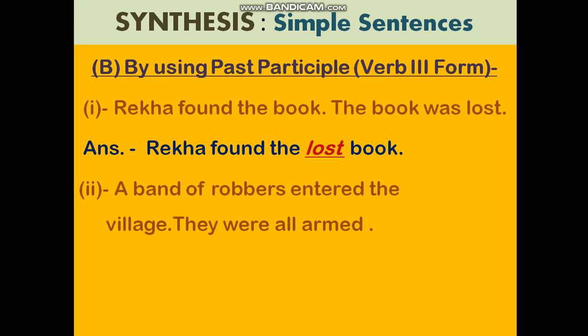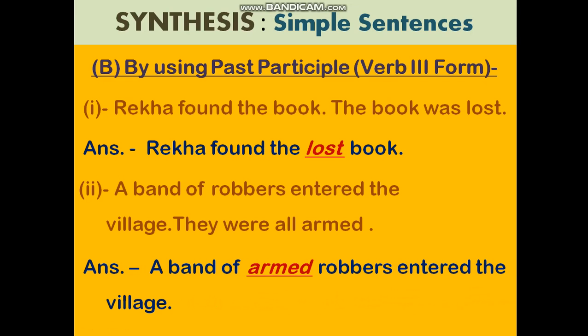A band of robbers entered the village. They were all armed. Which type of band of robbers entered the village? Armed. So, a band of armed robbers entered the village.